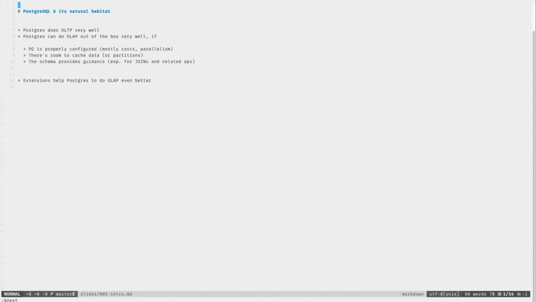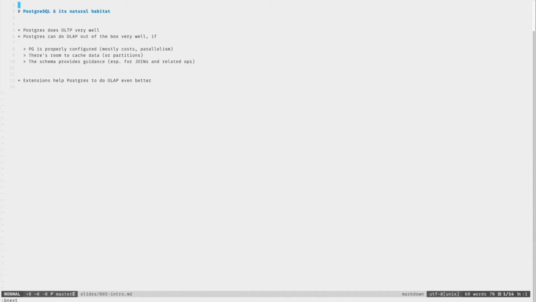This is where this webinar is focused. It turns out that you can teach Postgres to do OLAP really well if you consider a few things. This is mostly the configuration, which spans the typical good old costing system and also parallelism, starting since Postgres 10 and getting better and better since then. You want to have a bit of room to cache your data, or you want to go with partitions. Typically the schema you're using to represent your data should at the same time provide some guidance for your OLAP queries.